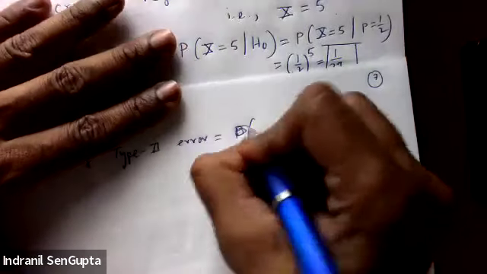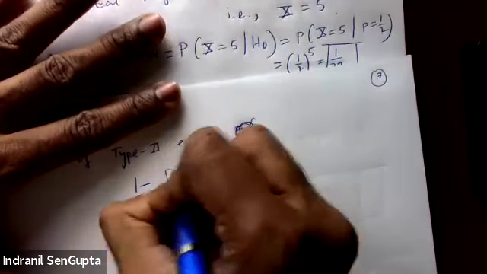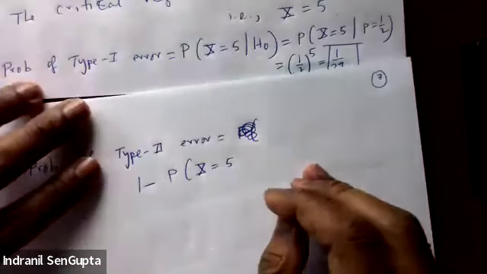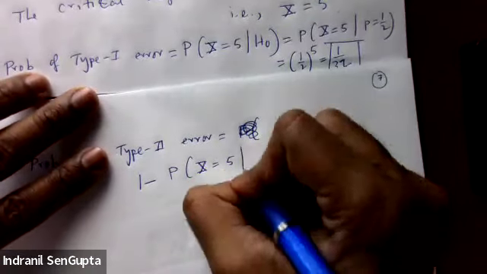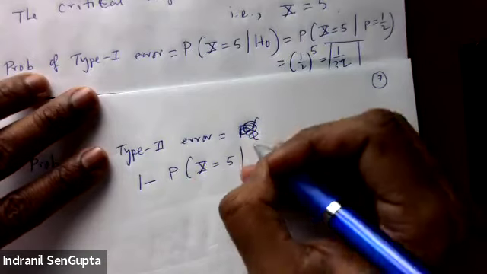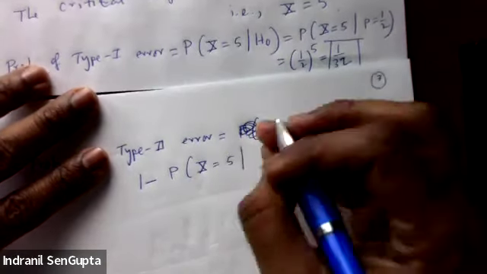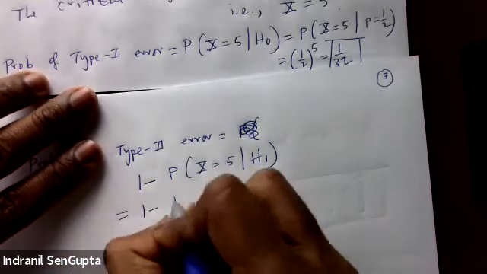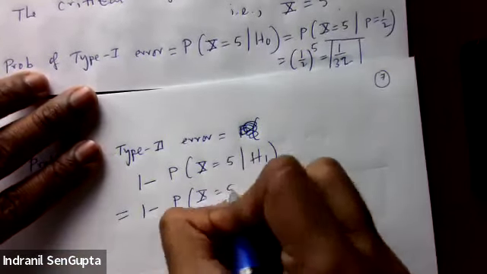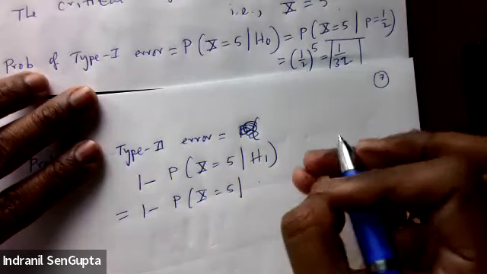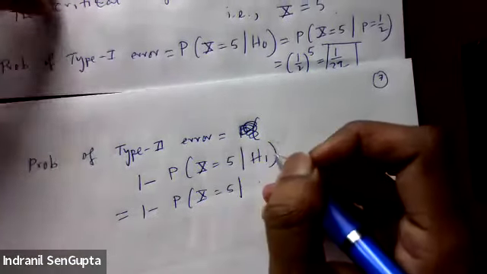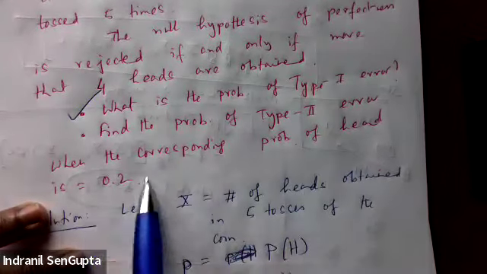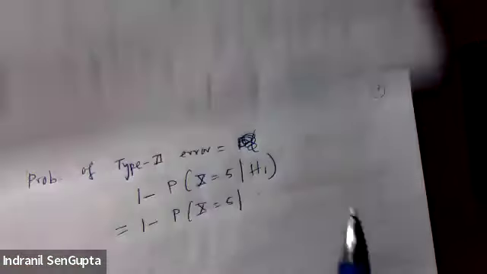So I can write this as 1 minus probability of x equals 5, because that is the critical region, given the alternate hypothesis, which means given that the corresponding probability of head is 0.2.